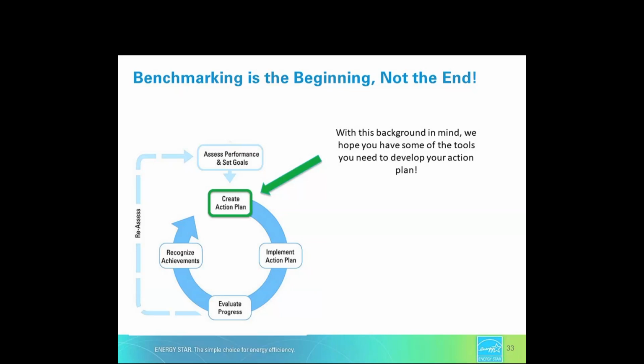And even with a top of the line building, things may start to fall out of tune. Taking this continuous improvement approach makes it more likely that you're going to find and address those issues as they pop up, so that you can maintain, not just achieve, high building performance over time.